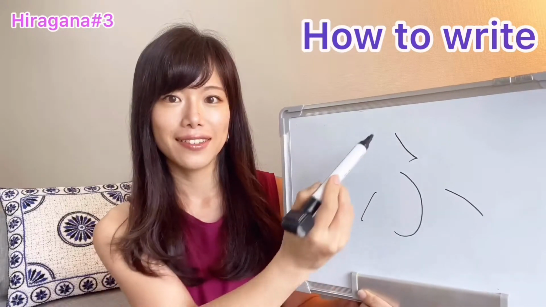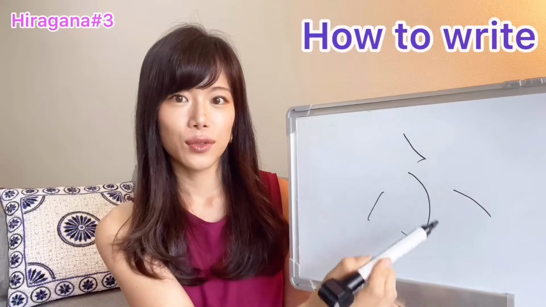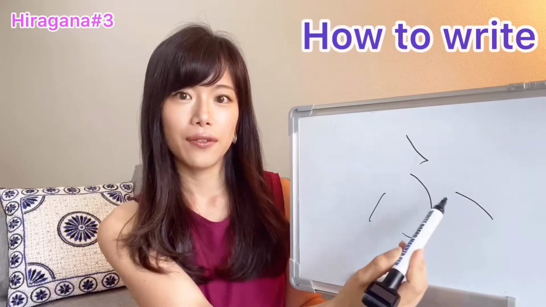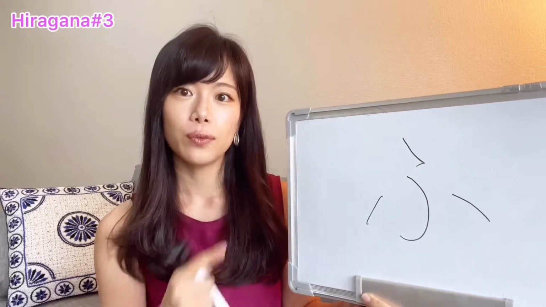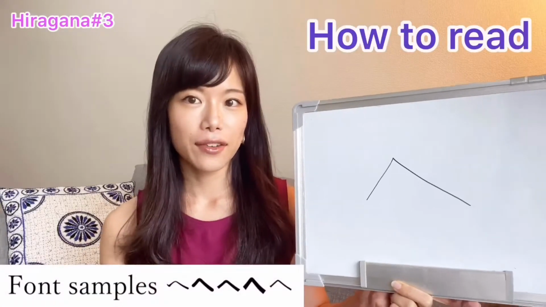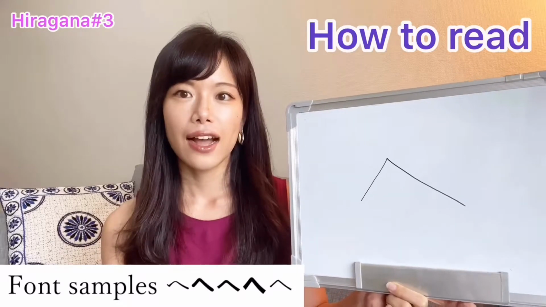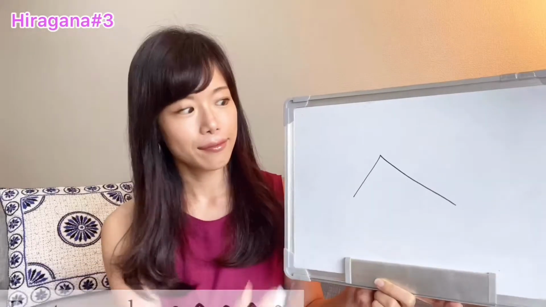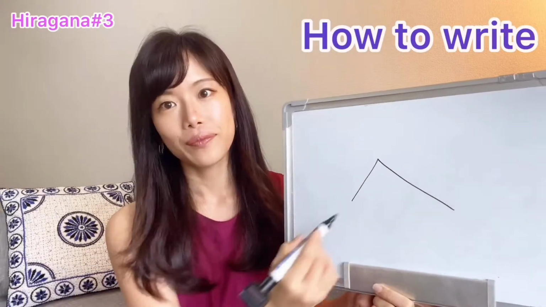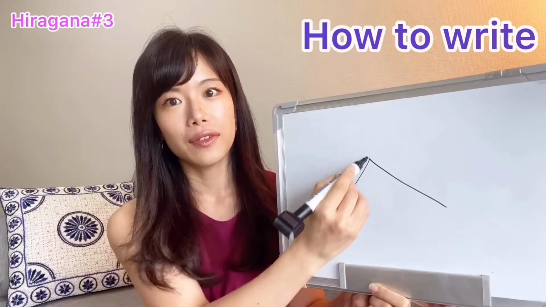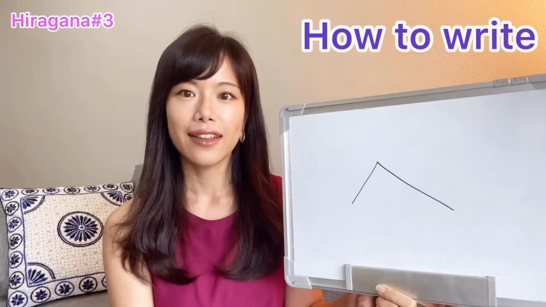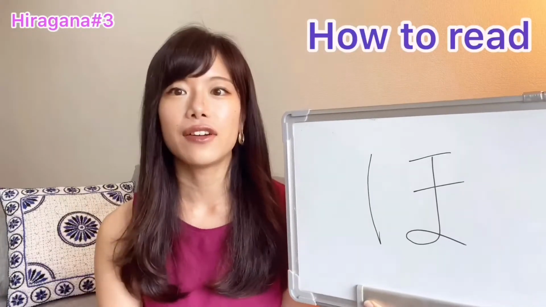Once again. 1, 2, 3, 4. ふ。 Okay, so this is へ。 How to write へ? 1. Once again. 1. へ。 Yes, the last character.